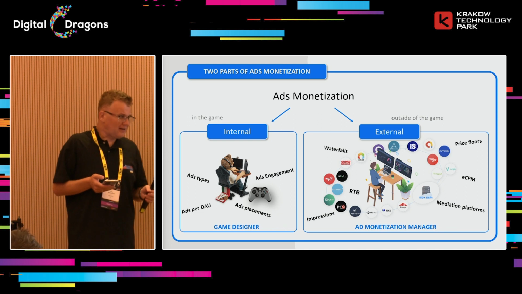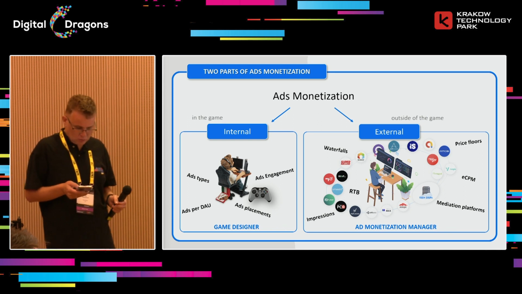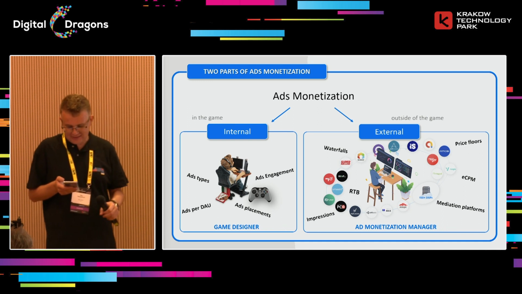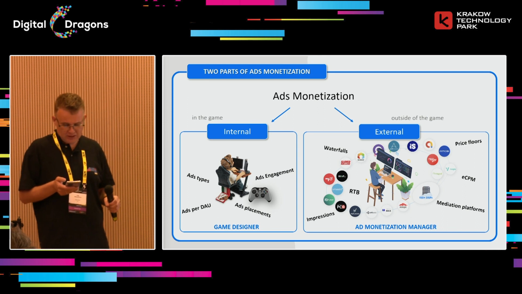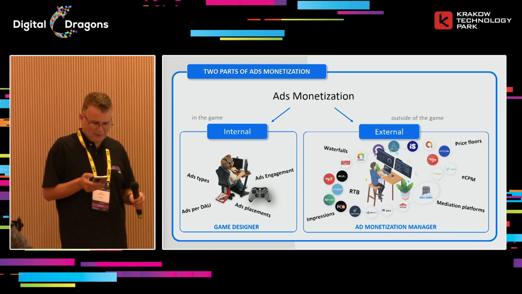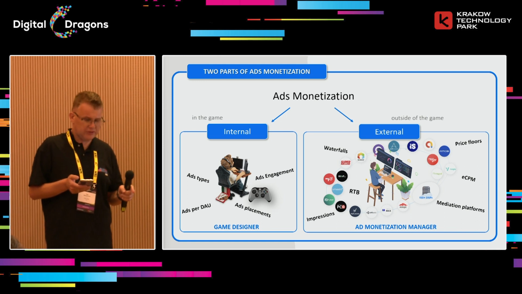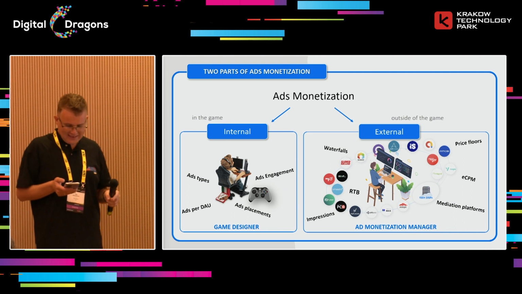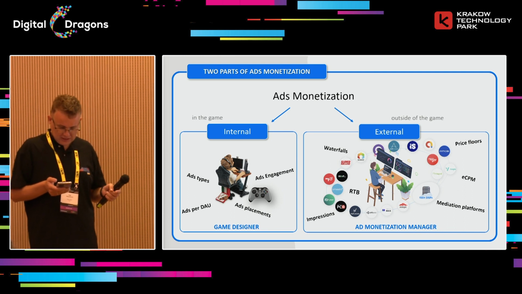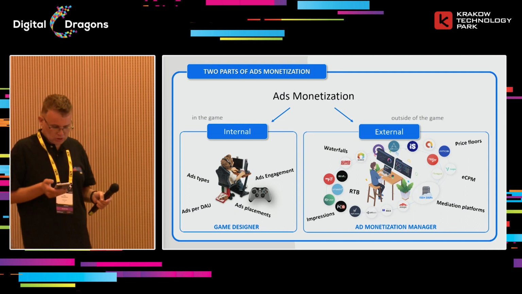The external part is about waterfalls, eCPM, bidding, price floor, and so on. This is the responsibility of the ads monetization manager. Both parts are very important, and they should work together in harmony. When one part works incorrectly, you will lose profit, and the whole monetization process will be damaged.